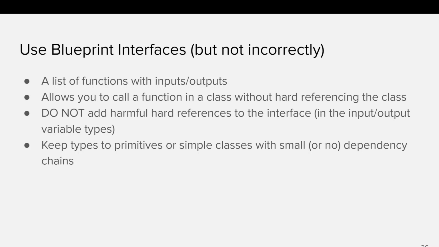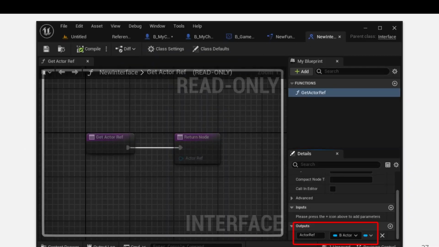You can check to see if some actor implements an interface by using Does Implement Interface. The interface looks like this: you have a list of functions, and those functions have inputs and outputs. That's it. That's what a blueprint interface is. You're defining the things that you can call on this thing, and then the specific actors themselves will implement those interfaces, actually putting the logic in them.